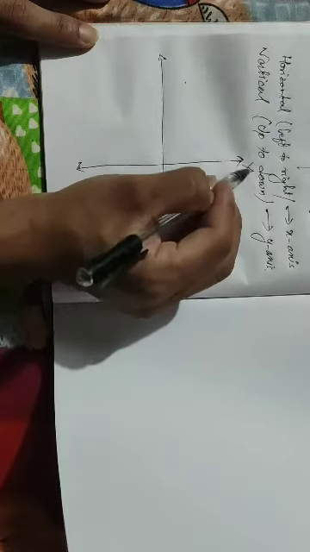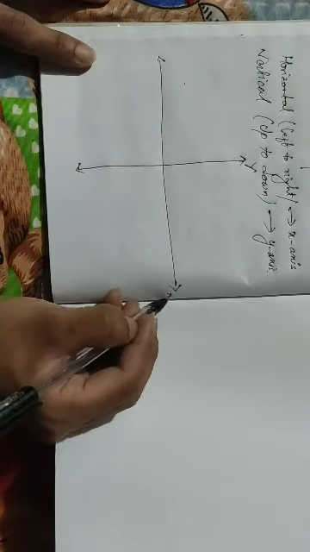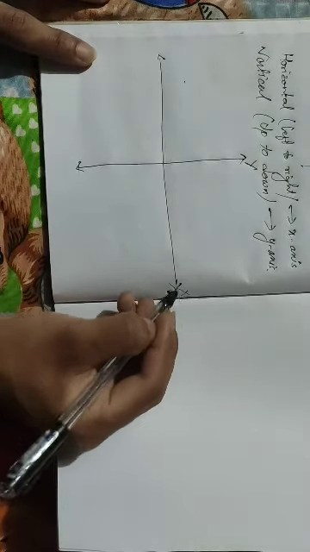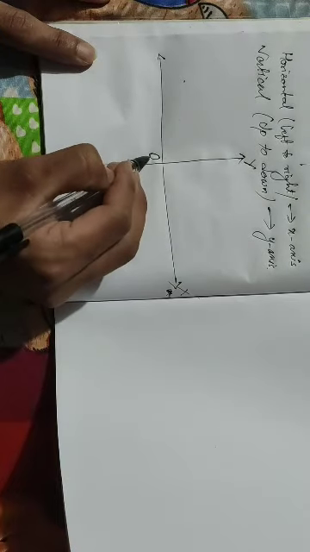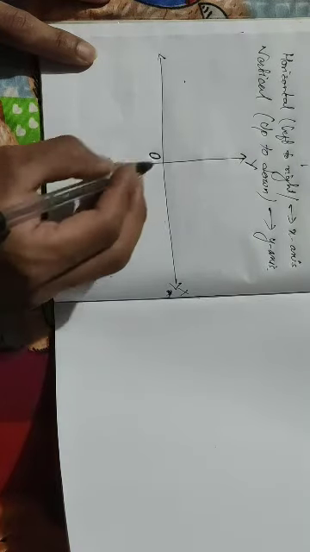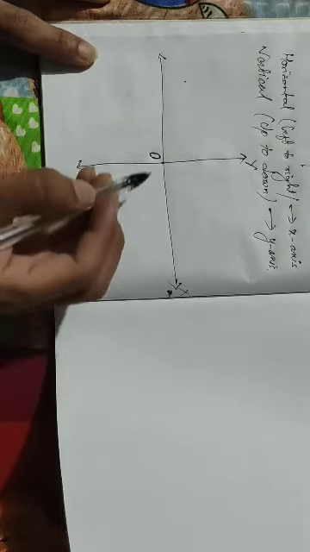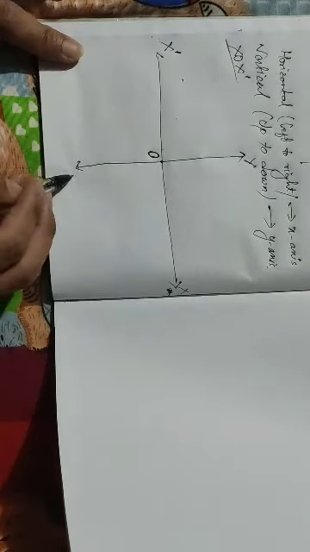So I will write x-axis as X. O is the point where these two lines meet, this point. And this one is X dash. Why X dash? X dash in the sense it is the negative side of the x-axis, meaning it is X O X dash. So the x-axis is X O X dash. And next one is Y O Y dash.